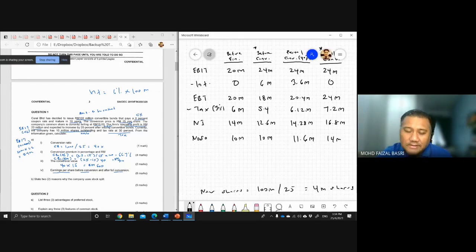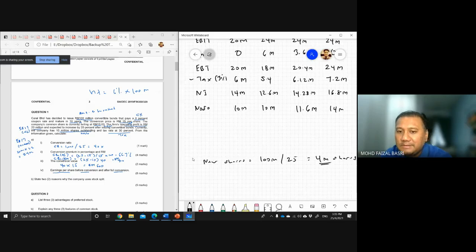If everyone convert, so meaning all 100 million worth of bonds convert into shares, we're going to have 4 million additional. Ni sebenarnya bukan new lah, this is additional. So if it's full conversion, it will be the original 10 million plus 4 million additional. Therefore, it's 14 million.